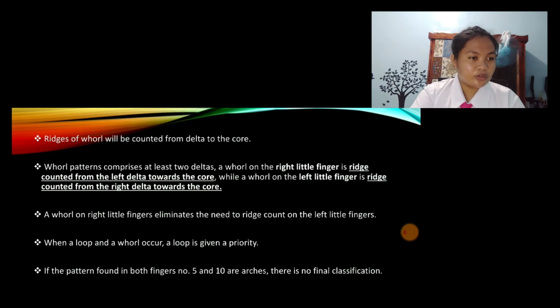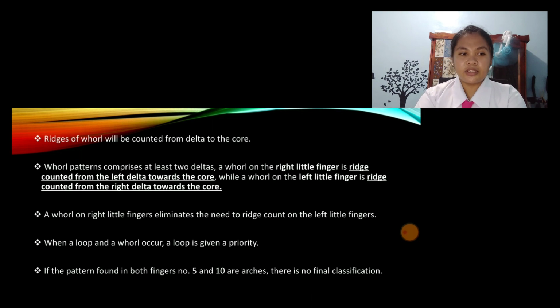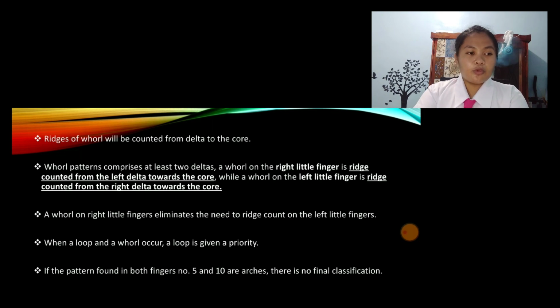When a loop and a whorl occur, the loop is given priority. So if a loop and a whorl appear, the loop is given priority between whorl and loop. If the patterns found in both fingers number 5 and 10 are arcs, there is no final classification.